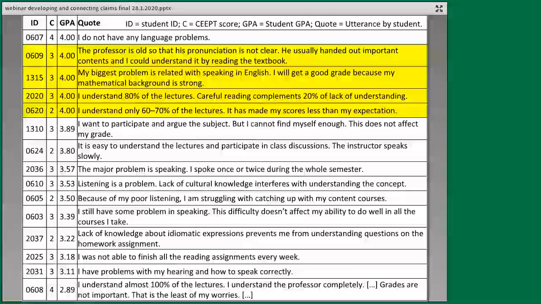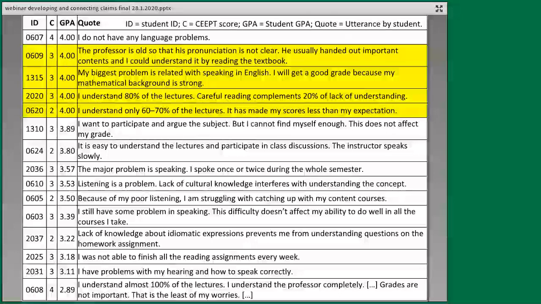And if you look at their statements very carefully, you can see, for example, student 0609 says that the professor is old and his pronunciation is not clear. He usually handed out important contents, and I could understand it by reading the textbook. So this student says, well, there is a problem with this professor and his pronunciation, but I had a strategy because I could understand it by reading the textbook.